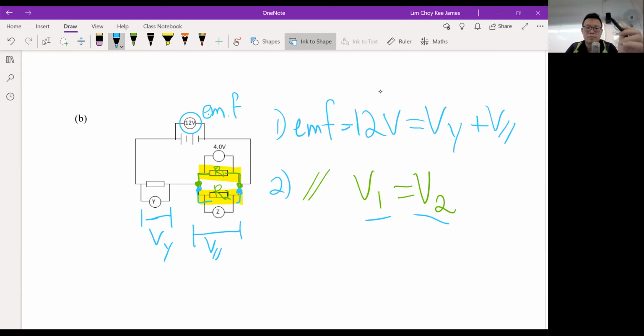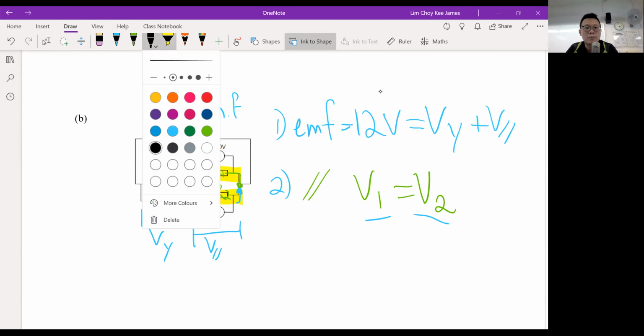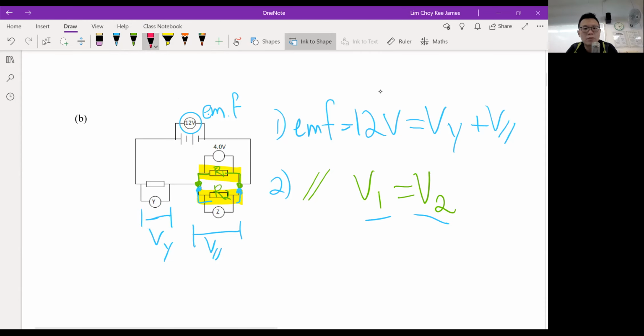And which parallel branch are we talking about? The parallel branch referred to here. Since this parallel branch is also across the same two points, I can safely say that V1 is equal to V2 and is also equal to V parallel.